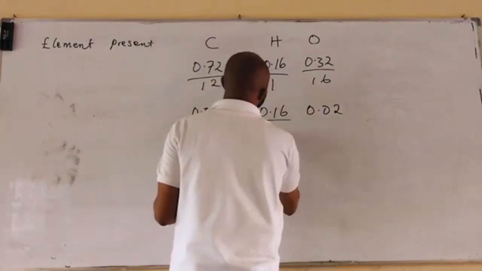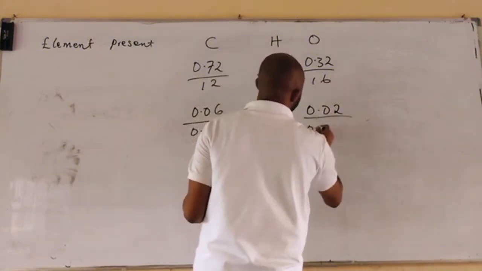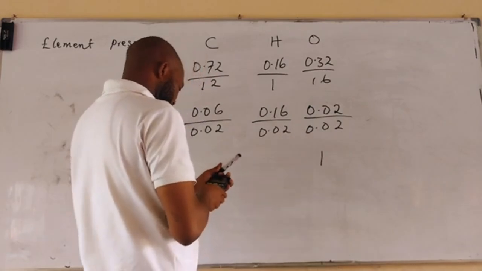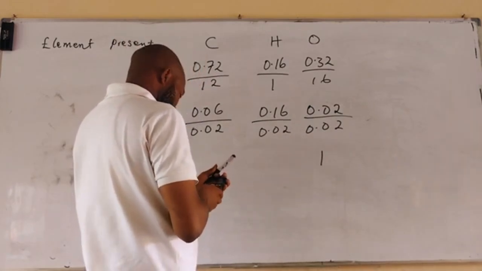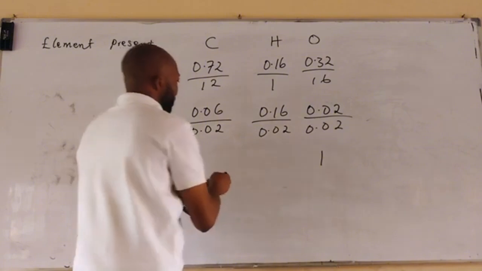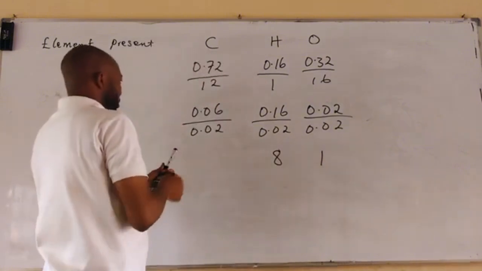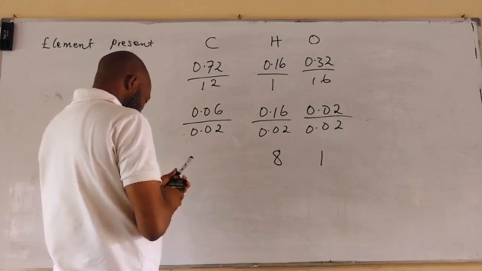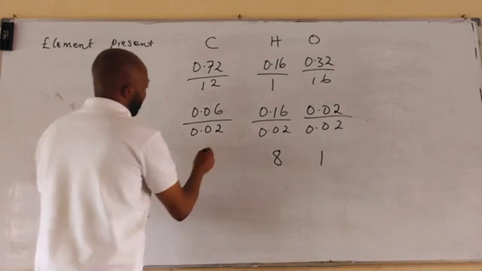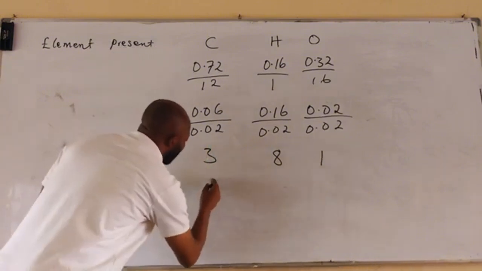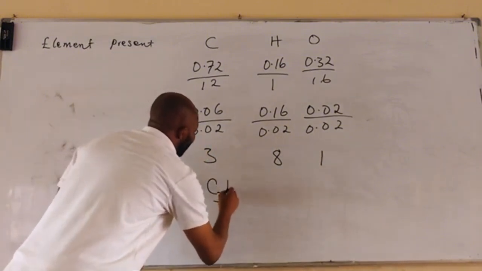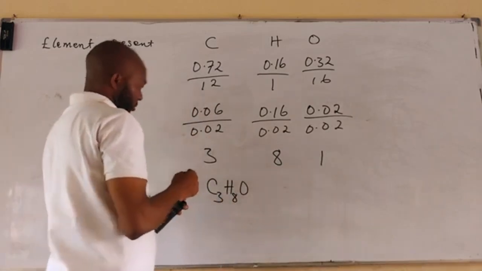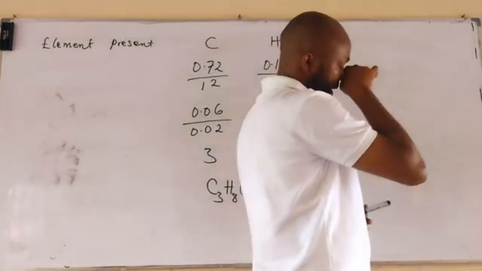So oxygen is 1 already. 0.16 divided by 0.02 is 8, and 0.06 divided by 0.02 is 3. So we have 3 carbon, 8 hydrogen, and 1 oxygen.